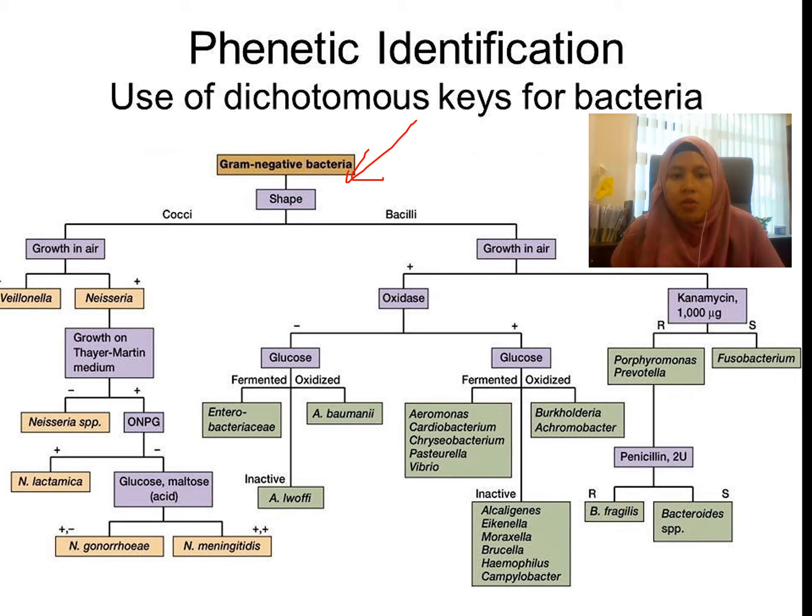Okay, so for example, look at the shape. Is it a cocci or bacilli? So if it is a cocci, and then growth in air, so we know that there's one.